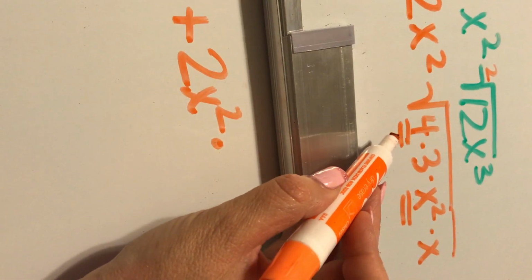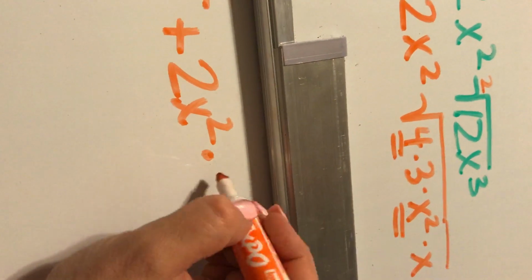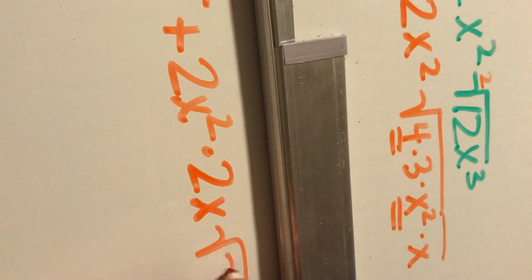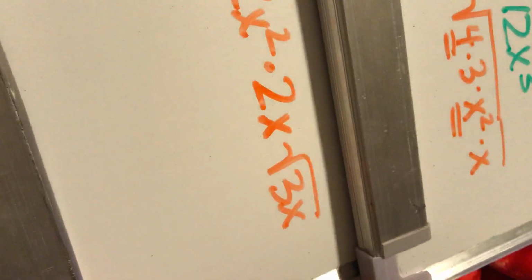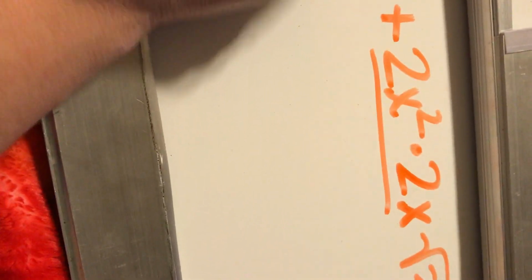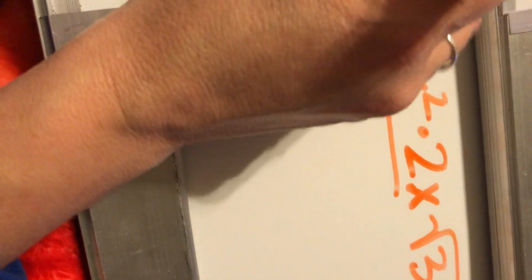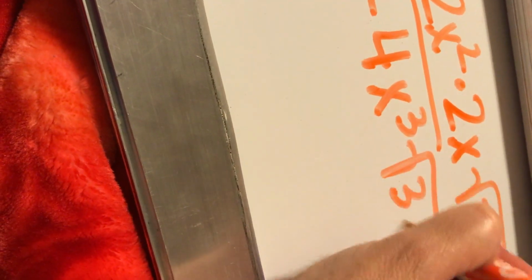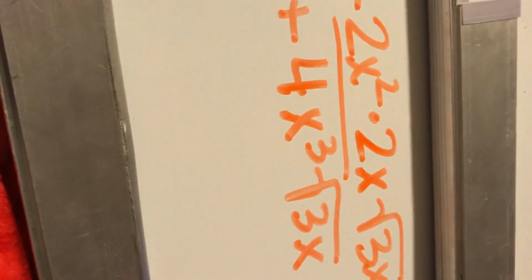So square root of 4 is 2, square root of x squared is x. So 2x, and then we're going to have square root of 3x. Now this one, remember we have to multiply this. So 3x cubed root 3x plus 2 times 2, 4x cubed root 3x.